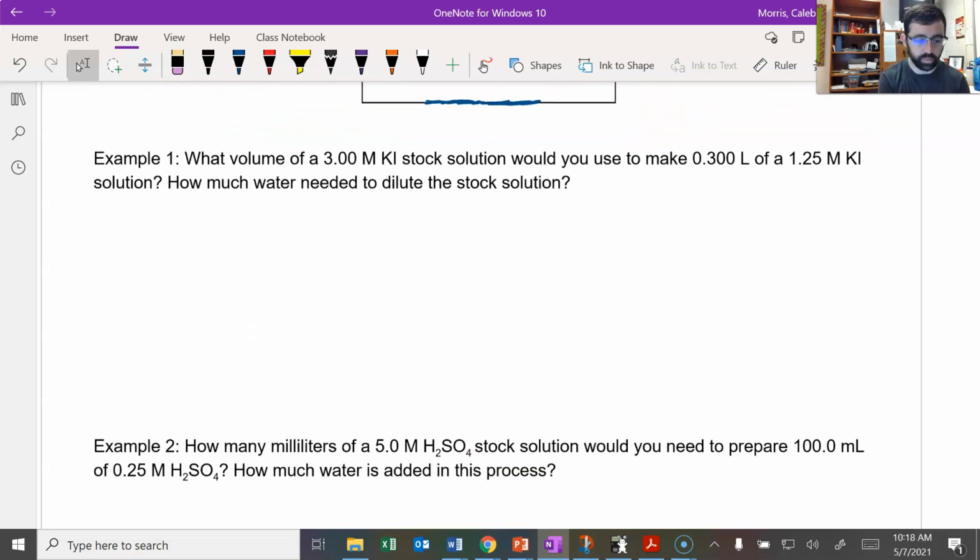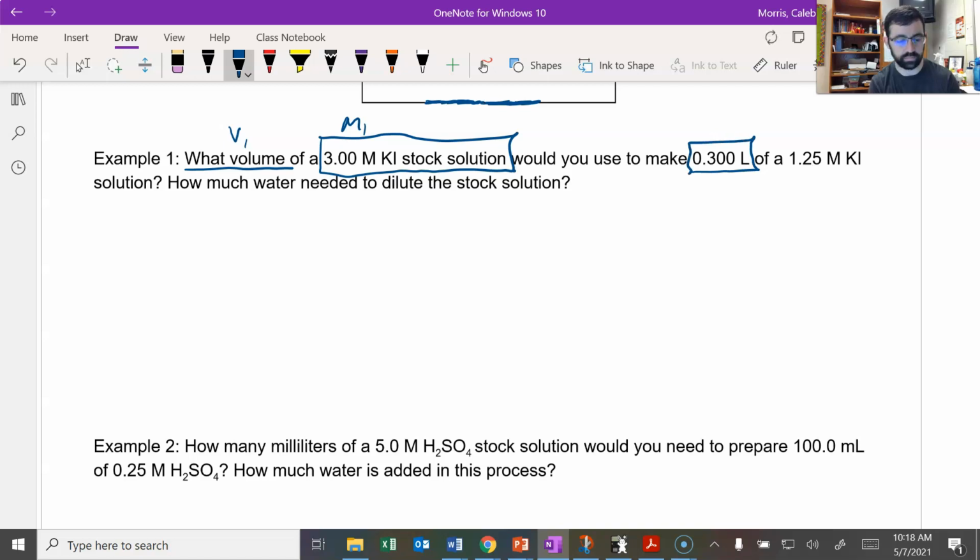Let's look at a couple examples. What volume of a 3 molar KI stock solution, so this is M1 and V1, would you use to make 0.300 liters, that's my second volume, V2, of a 1.25 molar KI solution? This is M2. And then it asks how much water is needed to dilute the stock solution.